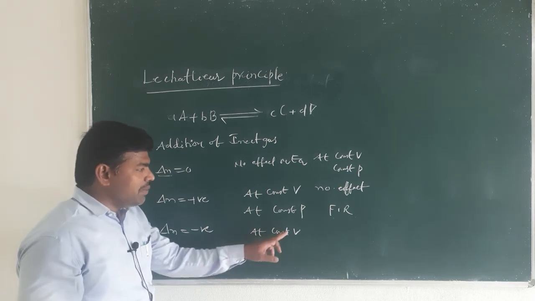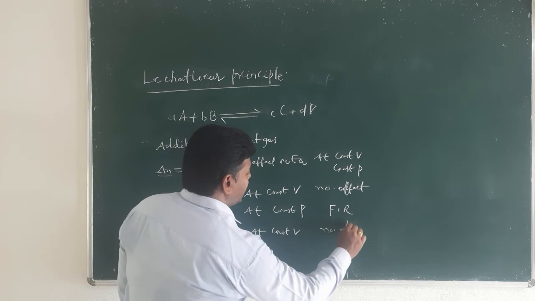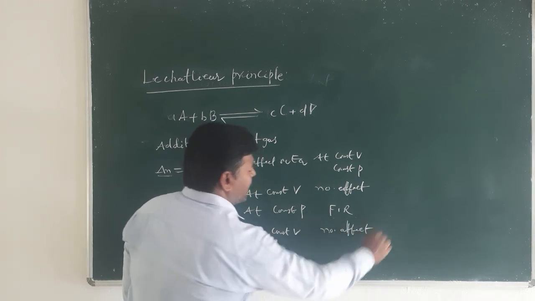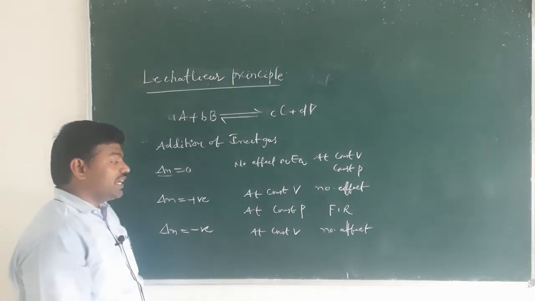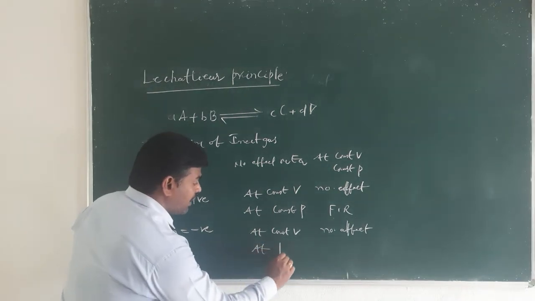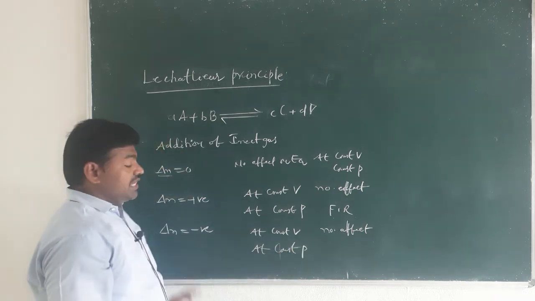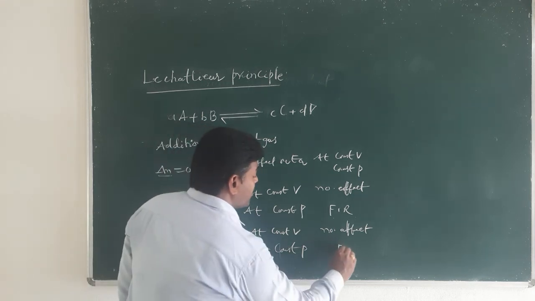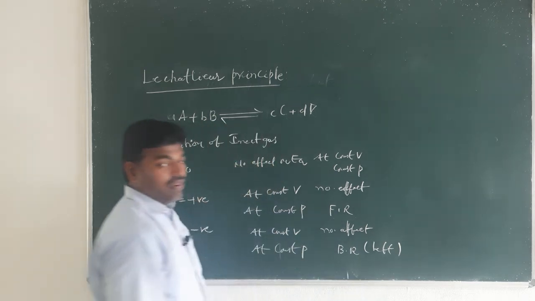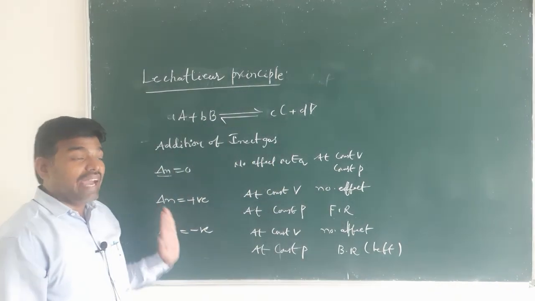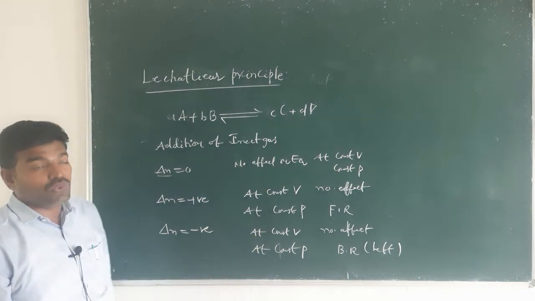At constant pressure, equilibrium shifts in the direction of the left side, that is backward reaction. But at constant volume it has no effect.